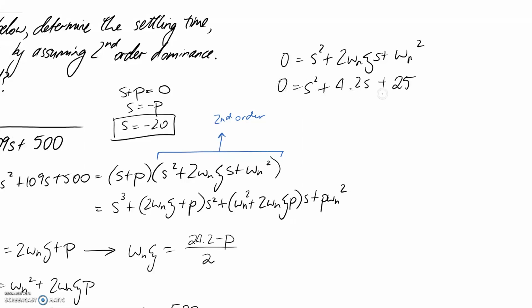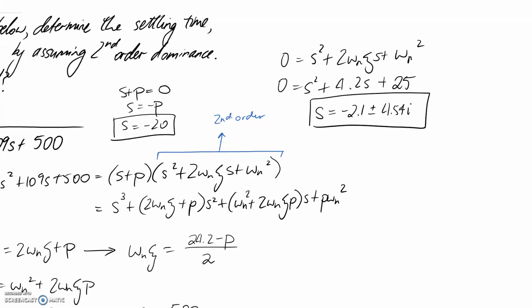If you apply the quadratic formula, negative b plus or minus the square root of b squared minus 4ac, divided by 2a, you end up with 2 answers: S is equal to negative 2.1 plus or minus 4.54i.